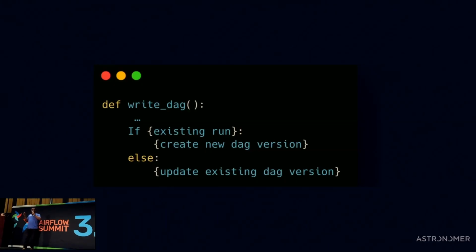You notice that every time the Dag processor processes a dynamic Dag, it will try to create a new version. So if the Dag doesn't have any run, we just update it, and if it has a run, we will create a new Dag version.